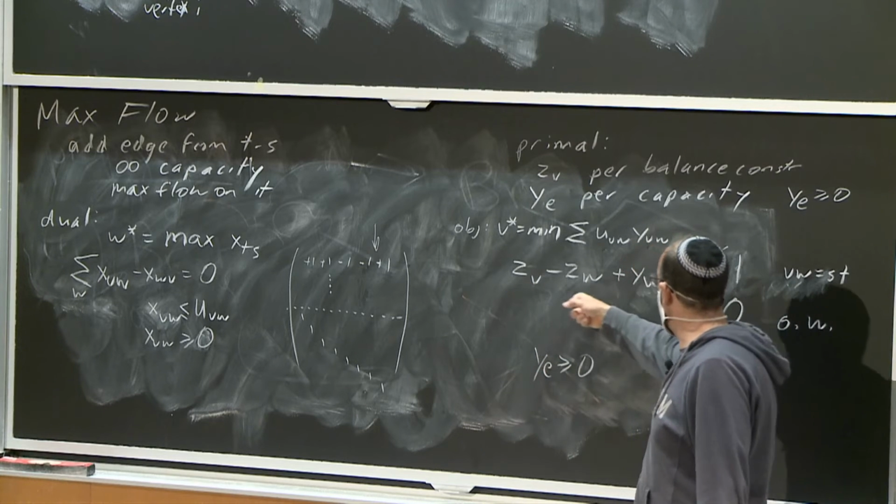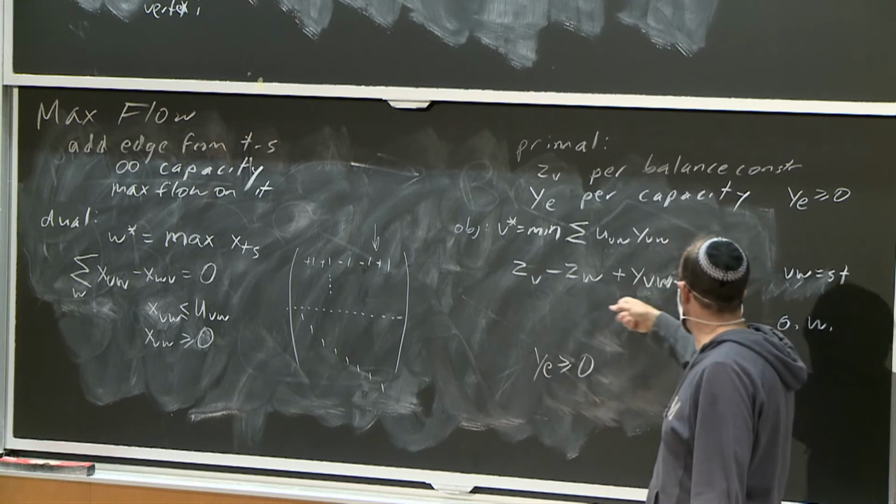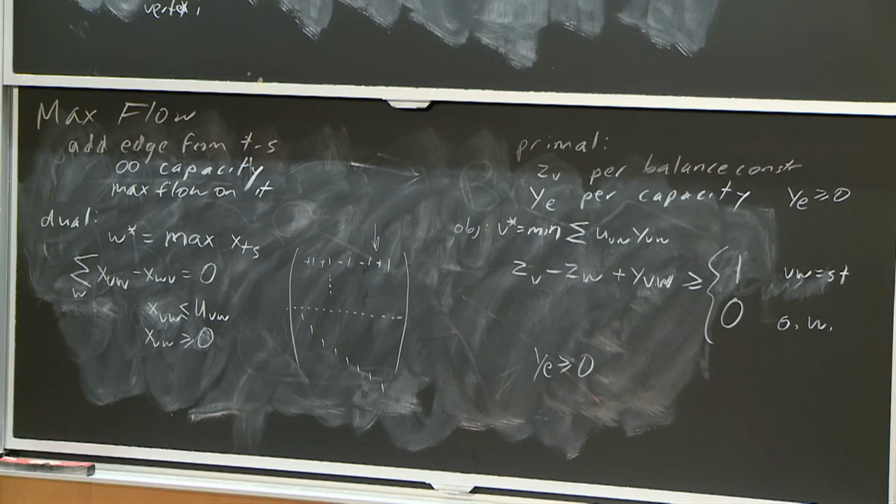Does this constraint look familiar? Something that involves a ZV minus a ZW plus a YVW. Yes? It feels like reduced costs. And what were those reduced costs related to?